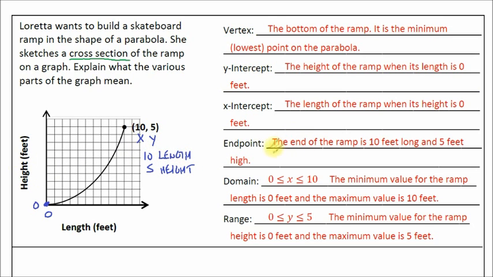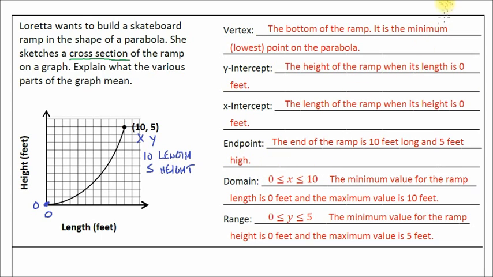What's the endpoint? It tells me the end of the ramp is 10 feet long and 5 feet high. And it doesn't go any higher because Loretto decided to build it only this long and this high.